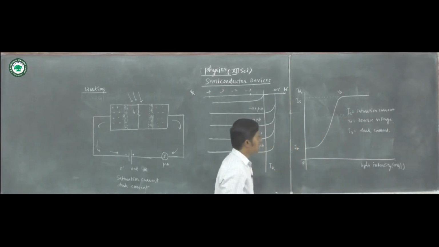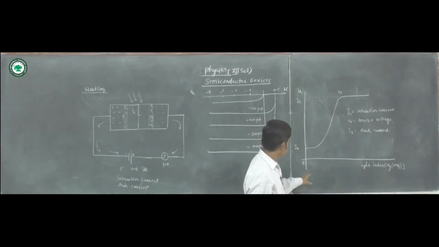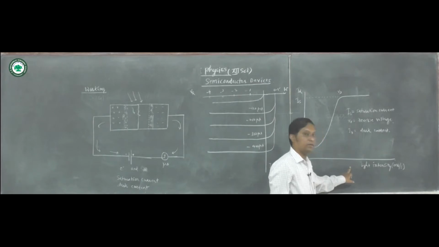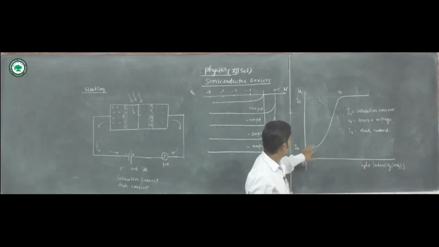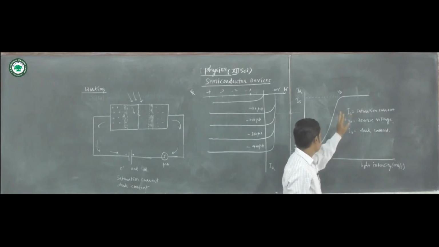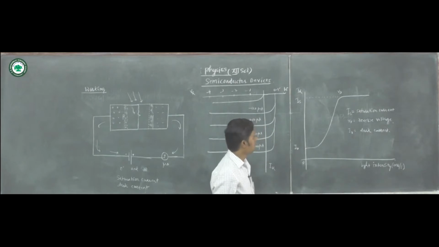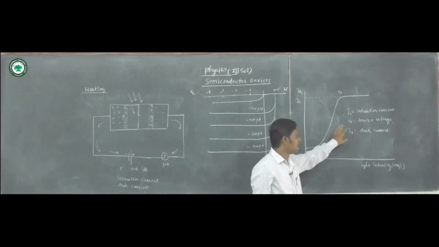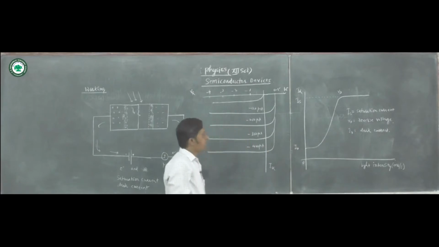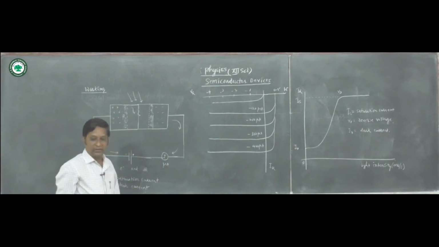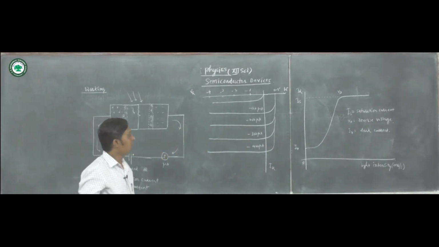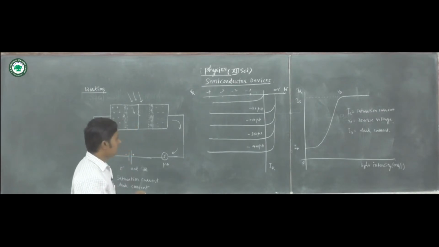In this way, we study the response to the light intensity. As the light intensity goes on increasing at a particular voltage, we get the stationary current, which is the constant value of the saturation current. This is the characteristics of the photodiode.